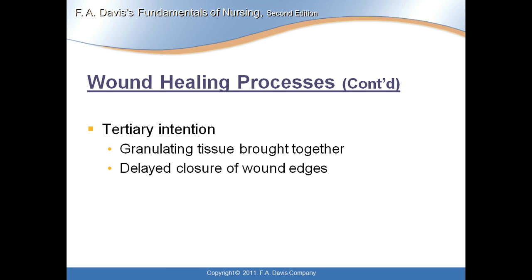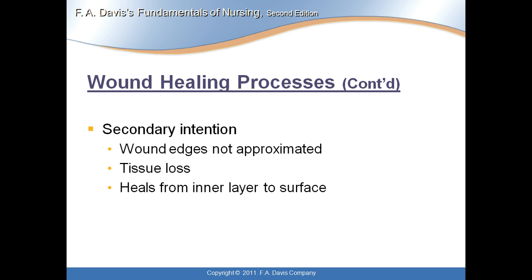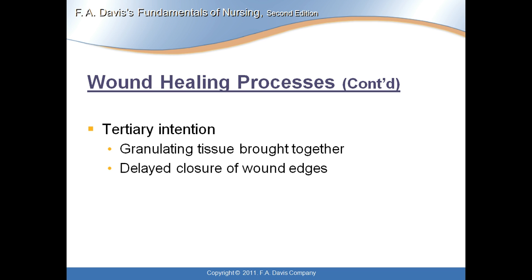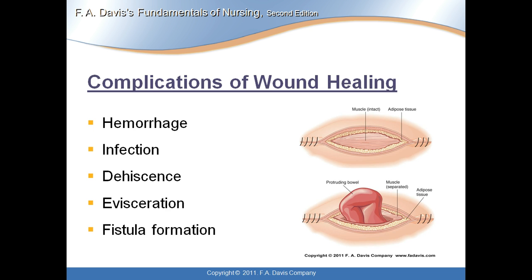Tertiary intention is granulating tissue brought together. Instead of the secondary, which, as I said before, heals from the bottom up, the tertiary is sutured together and then they grow and regenerate.